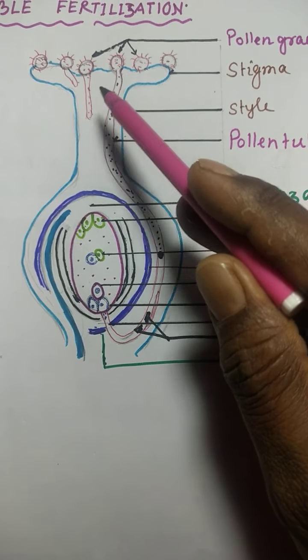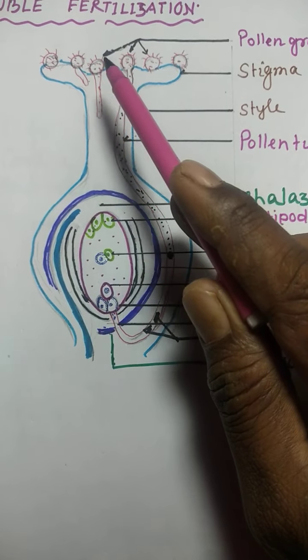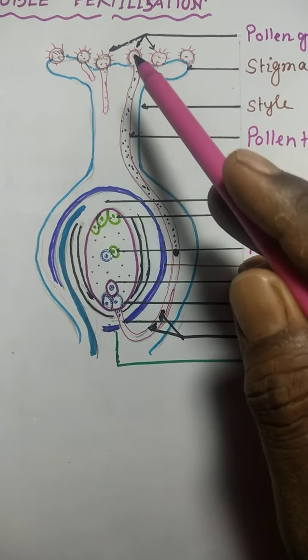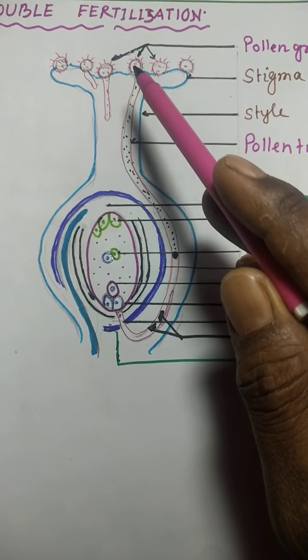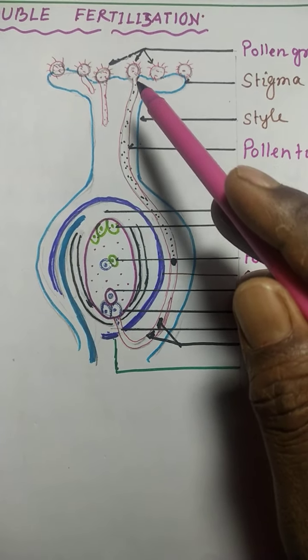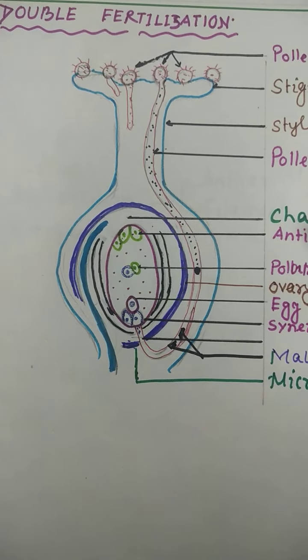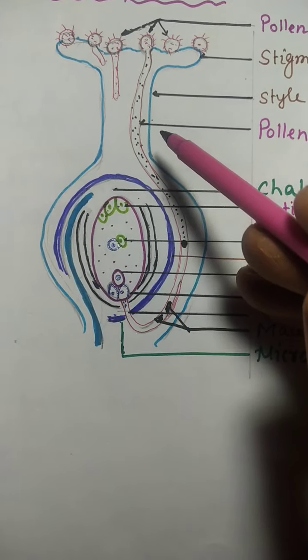This is called the pollen tube. Each pollen grain produces one pollen tube, but the stigma and style allow only one pollen tube to pass through the style.